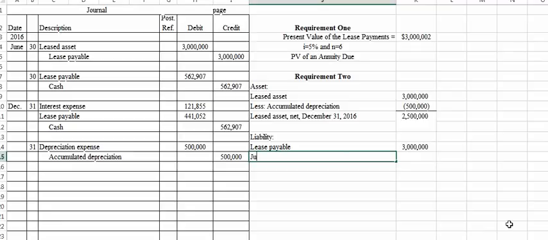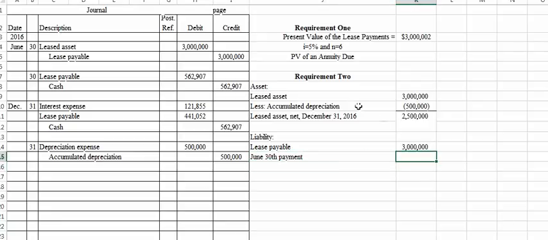Then we had the June 30th payment. On the June 30th payment, we could deduct the entire amount of the payment from the balance of the lease because no time had passed, there was no interest expense. So it's a negative $562,907.